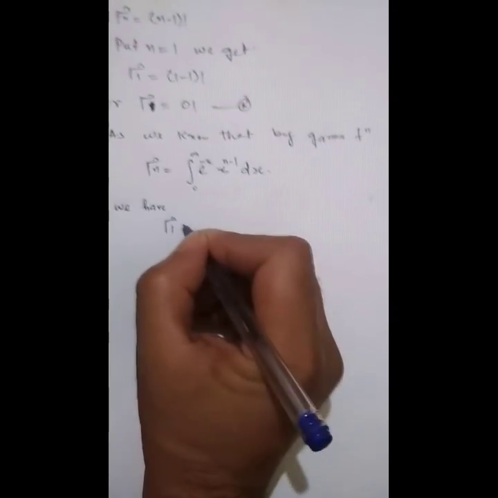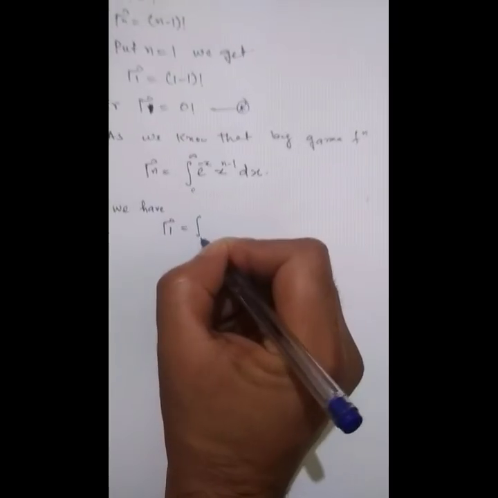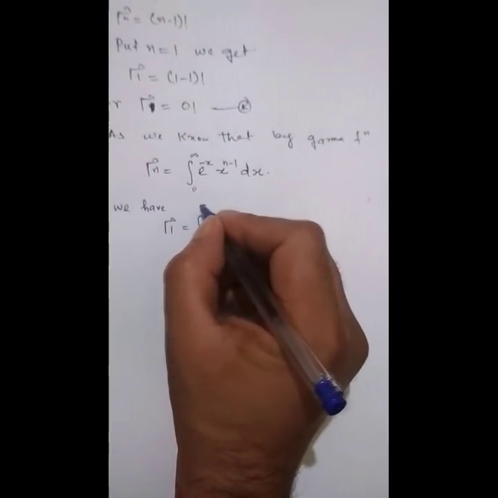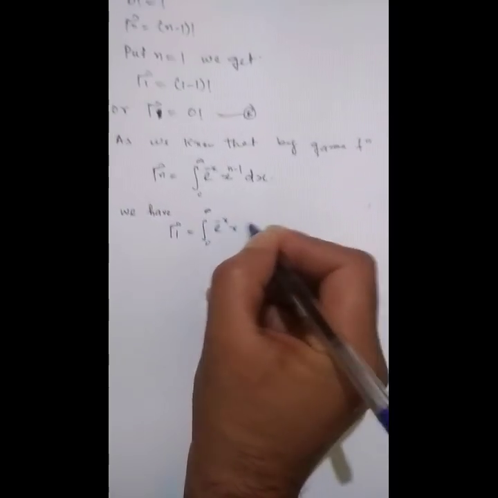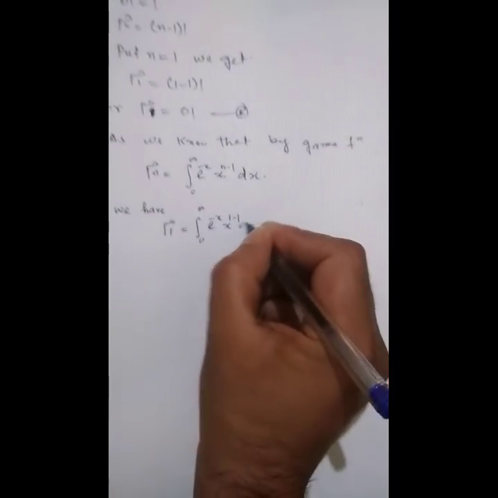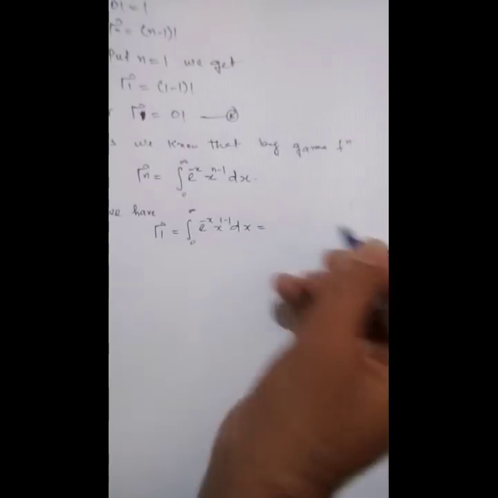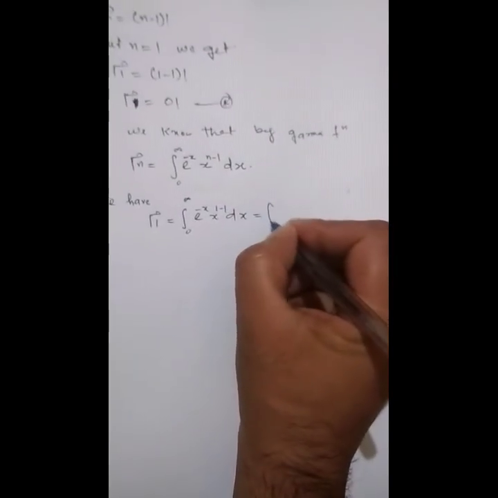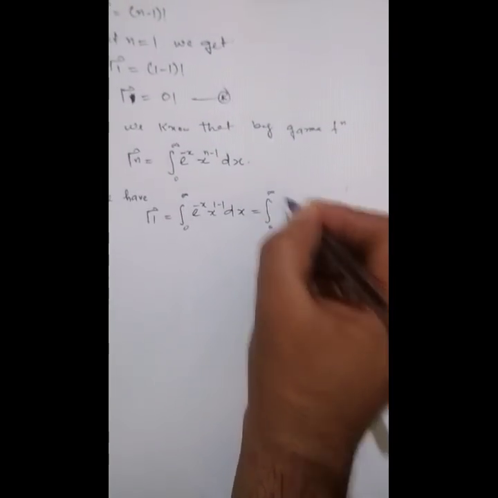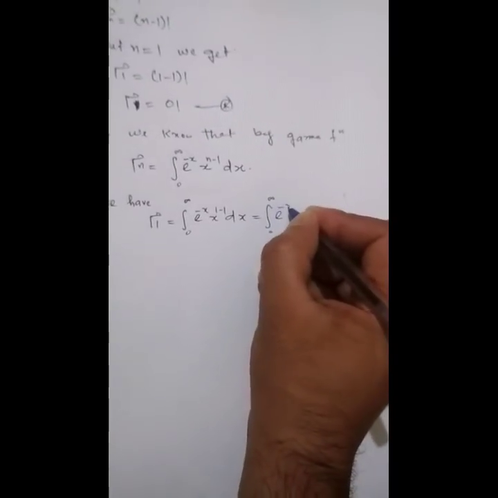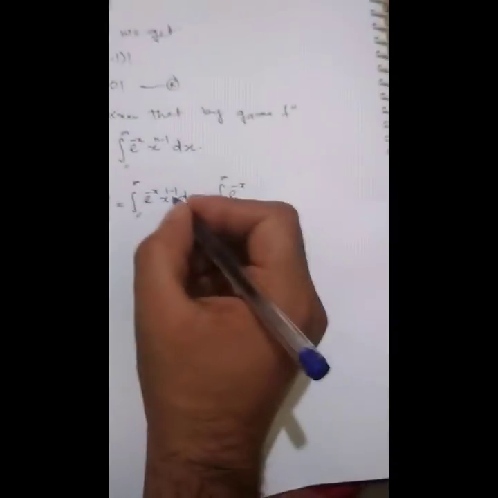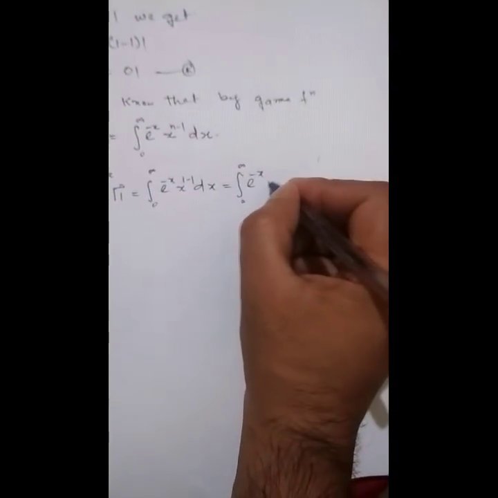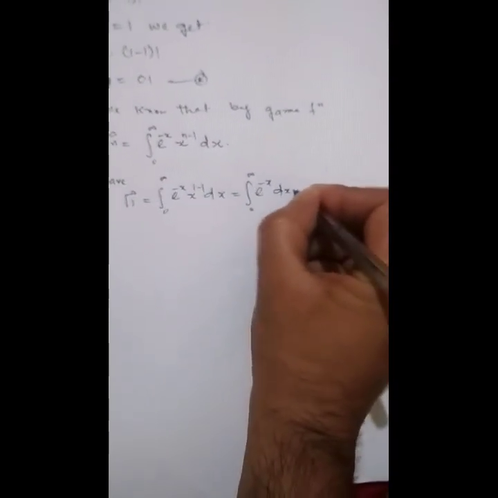gamma of 1 is equal to the integral from 0 to infinity of e raised to power minus x times x raised to power 1 minus 1 dx, or we can write this integral as 0 to infinity e raised to power minus x times x raised to power 0, as we know that any finite quantity raised to power 0 is equal to 1, so into dx.